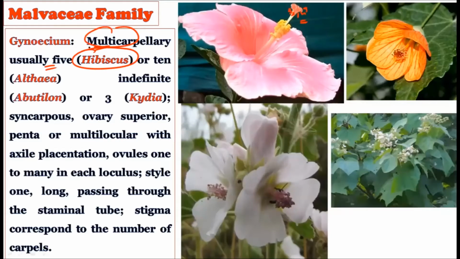Generally 5 carpels are there, or sometimes 10 carpels in Althaea. In this flower of Althaea, you will find 10 carpels. Sometimes they are even indefinite, for example in Abutilon, where you will find an indefinite number of carpels. Or they can be 3 in Kydia.